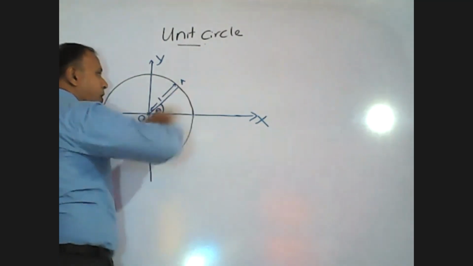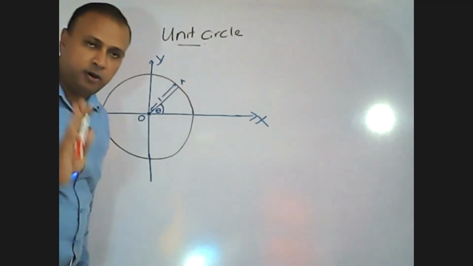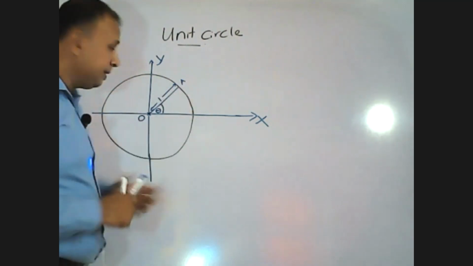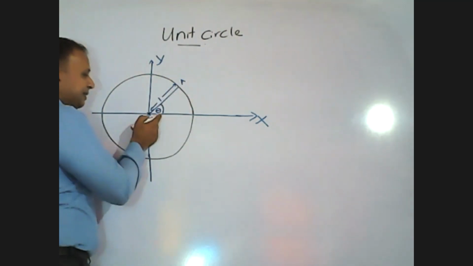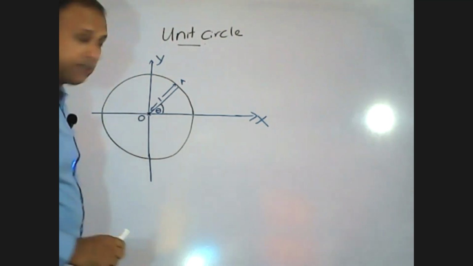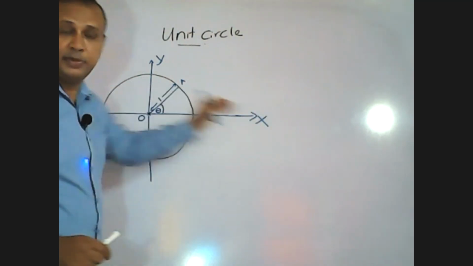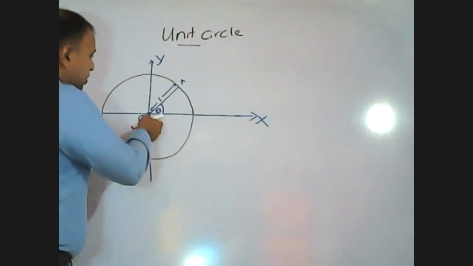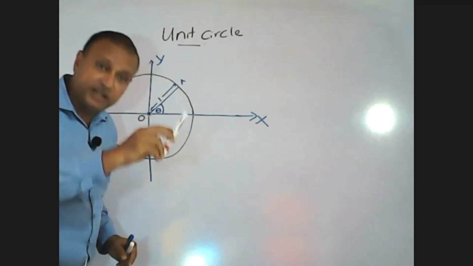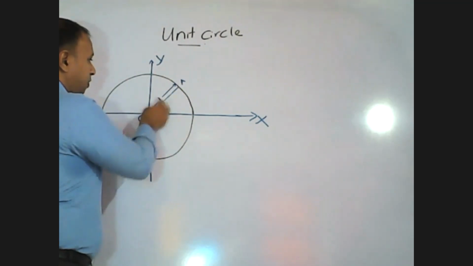Then suppose this one. If OA is a line segment and it has an inclination of theta angle to the OX axis, this theta is the amount of rotation of OA from the OX axis.